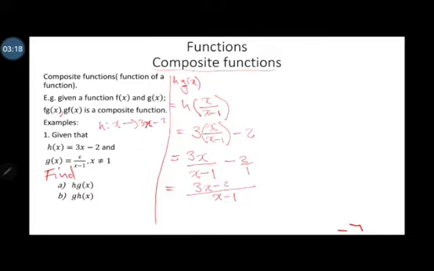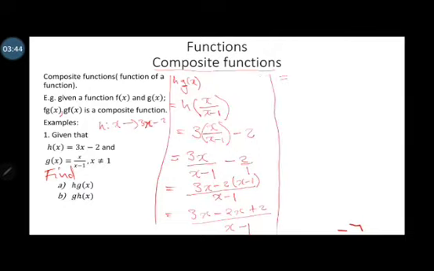We have minus 2. 1 into this is just x minus 1. So we have 3x, negative 2 times x is negative 2x, negative 2 times 1 is positive 2, over x minus 1.